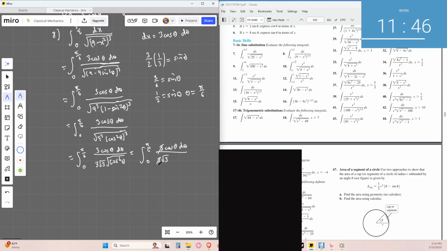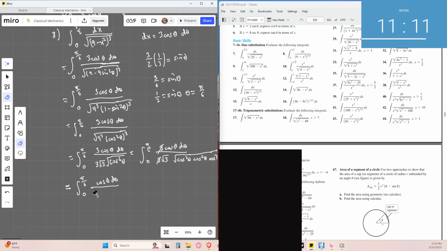These would cross out. And then we'd be left with cosine to the second, cosine to the second, cosine to the second. Then we're left with cosine up here, square root of 3 down here.